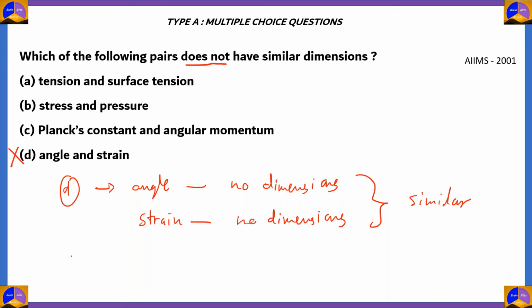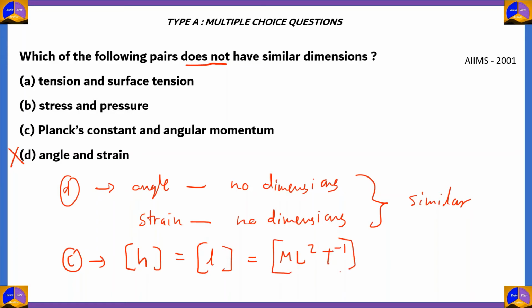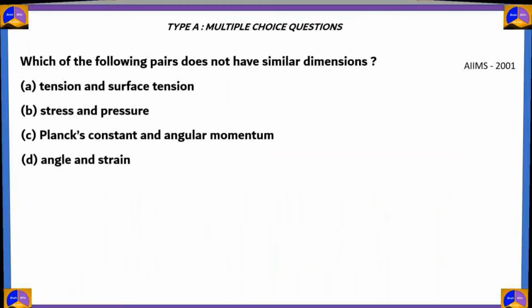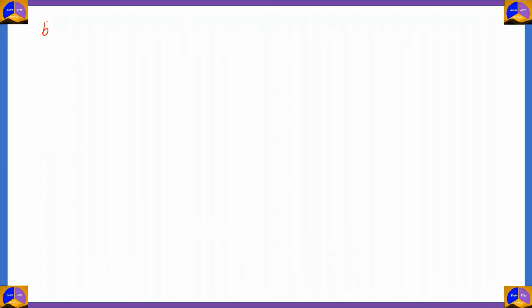What about option C? The dimensions of H and angular momentum is equal to M L squared T power minus 1. So these are similar, which makes option C incorrect. What about option B?